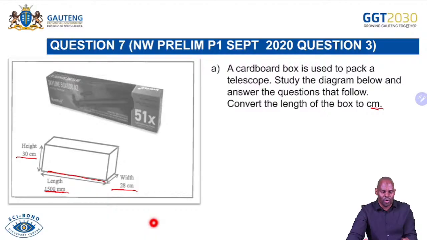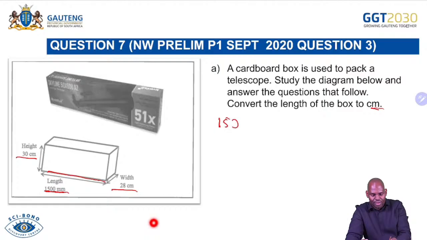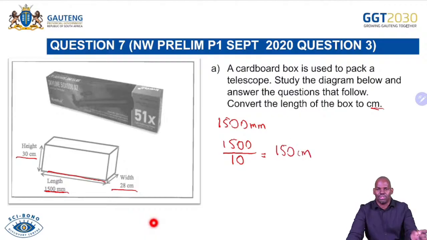If you want to convert from millimeters to centimeters, you divide by 10. So that 1,500 millimeters, we divide by 10, then it becomes 150 centimeters.